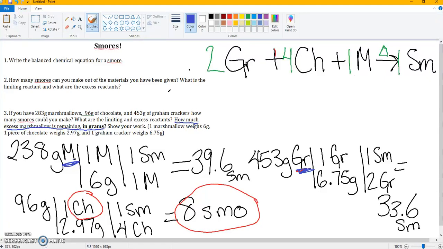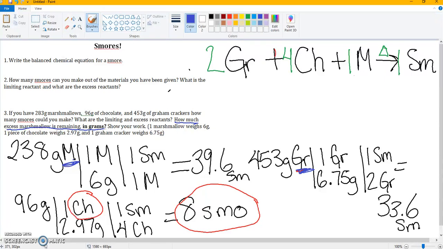Well, if I make 8 s'mores, I have just used 8 marshmallows, correct? Because every s'more needs at least 1 marshmallow. So after making 8 s'mores, like I can with my chocolate, I have just used up 8 marshmallows.